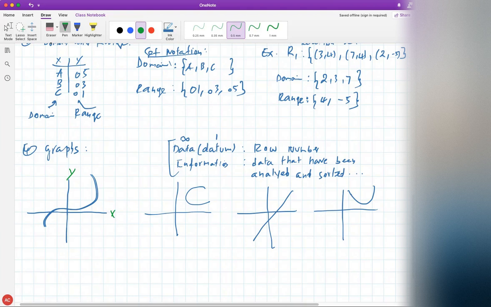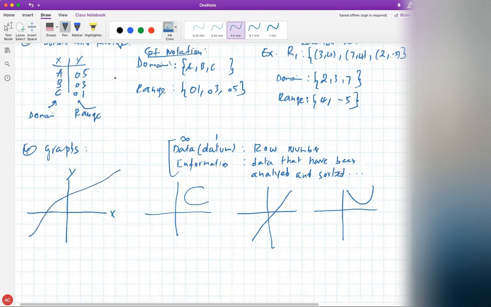Let me change this graph a little bit. Okay, we'll be back to this one in a moment. So there you go. Basically, let me make it like that.